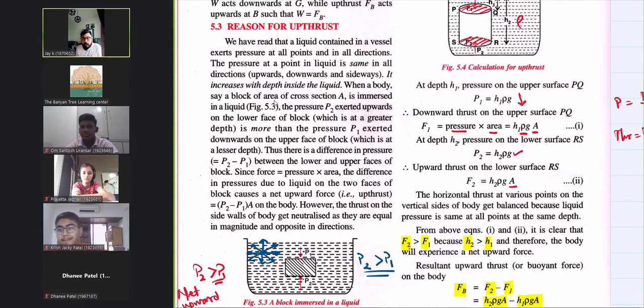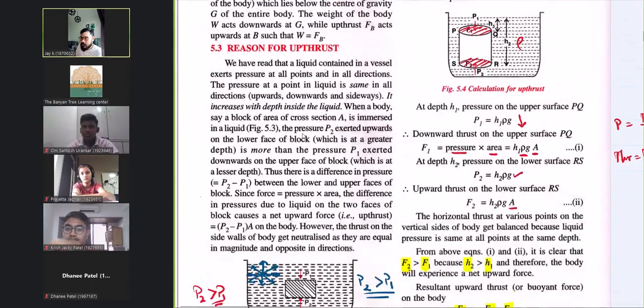So, if your breathing technique is correct, then you cannot sink. Water is already there to help you to float. You just have to breathe properly so that your density becomes less than the density of water. Okay, so this is the reason for upthrust.